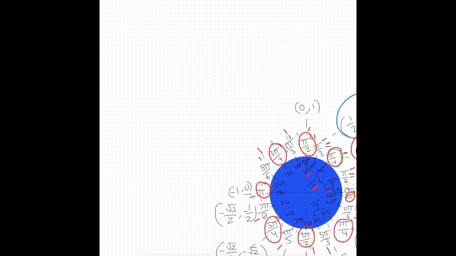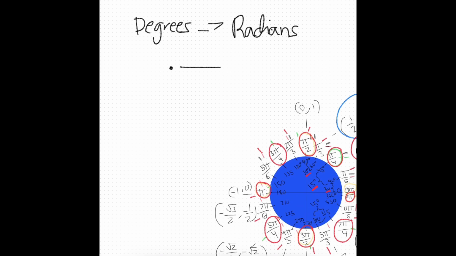And now I want to close this video with the final formula that will be useful. As you can see, the unit circle uses both degrees and radians, so it's helpful to know how to switch between these two measurements. So if you're going from degrees to radians, the number by which you should multiply the degrees is pi over 180.